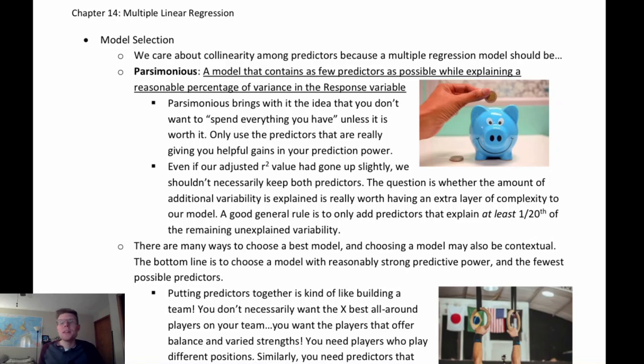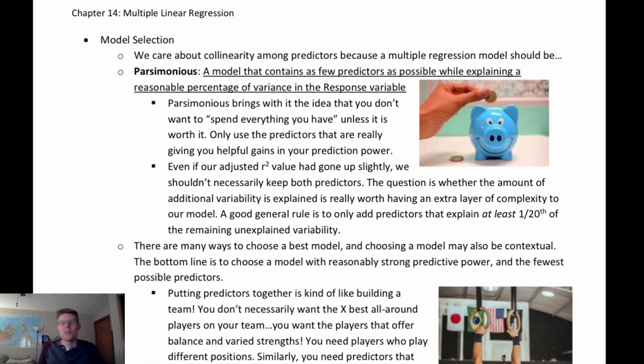One really general criterion that we'll use is this 1/20th rule: if adjusted R squared only increases by less than 1/20th of the remaining unexplained variability, we should question if it's really adding enough to our model.